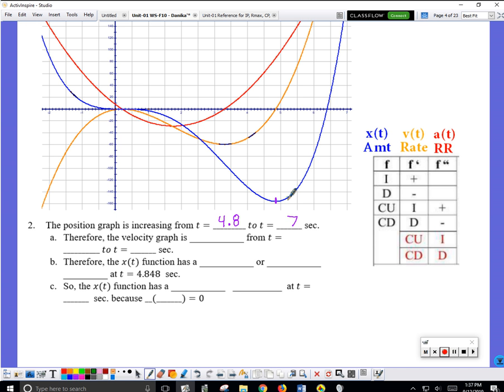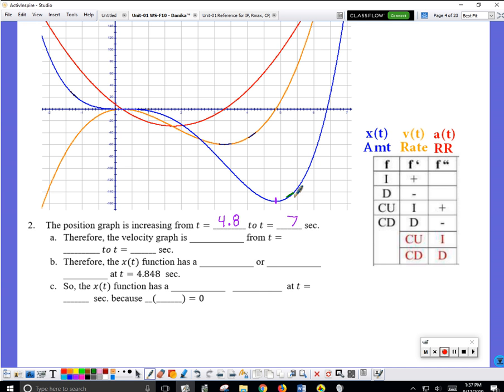Is the position going up or is the position going down? Say it. It's going up, so it's changing in a positive direction. That means if I found the slope right there, that slope would be some positive value, showing that the position is changing positively. Well, velocity is rate of change of position.